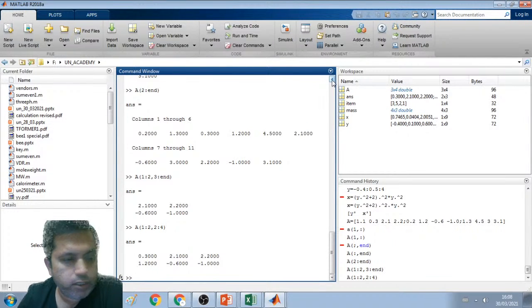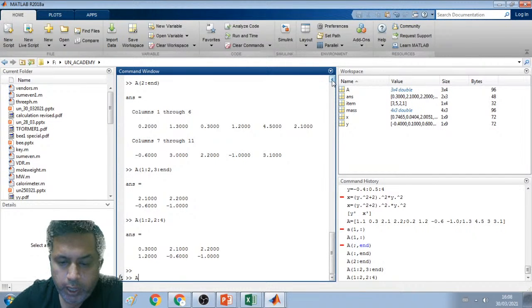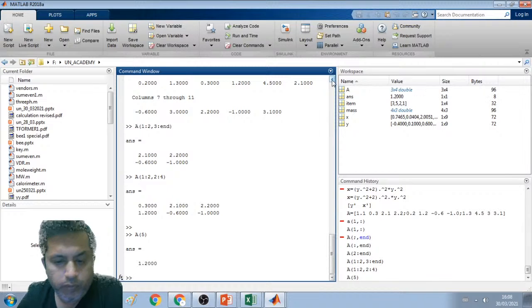Okay, next one is you want to find out A5, one value, 1.12345. Okay, so next you want to find out 1 space 2 comma 2 space 2.